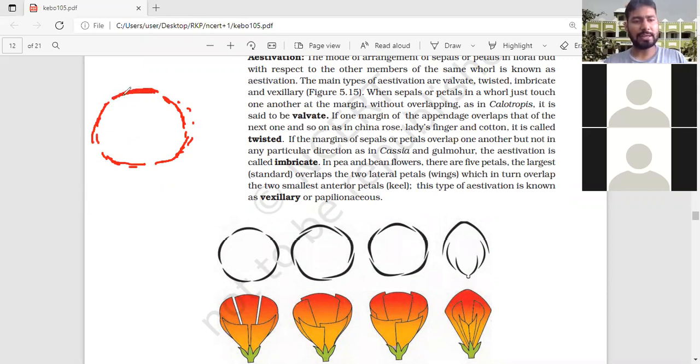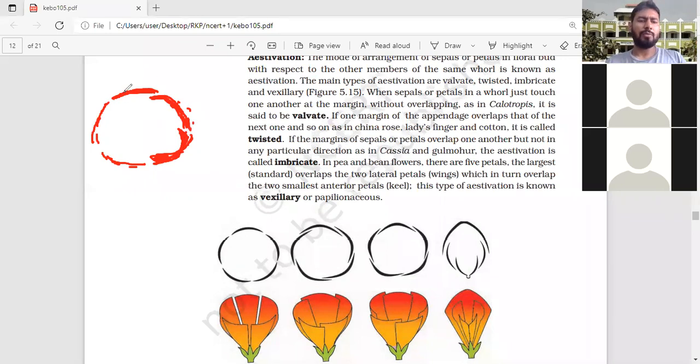Suppose this whorl is outside, then this whorl will be inside. If one is outside, another will be inside. Then the others are in the twisted manner, like that.